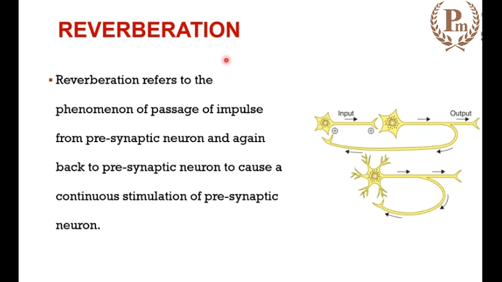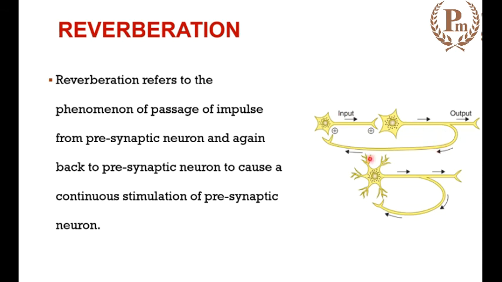What is this reverberation? Reverberation refers to the phenomenon of passage of impulses from the postsynaptic neuron back to the presynaptic neuron to cause a continuous stimulation of the presynaptic neuron. So what does this mean? Look at this diagram, that makes it easier. This is my presynaptic neuron. It has given the impulse to my post one. Now this post one has extensions. After all, the postsynaptic neuron is also a neuron. It may have axons, it may have dendrites.